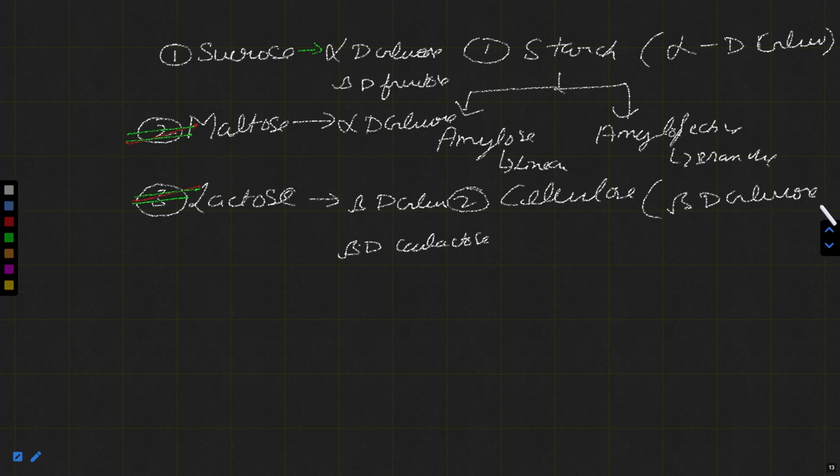What were the types of linkage that were seen? In sucrose, which has alpha D glucose and beta D fructose, we have a C1 C2 alpha linkage. Whereas in maltose we have a C1 C4 alpha linkage.